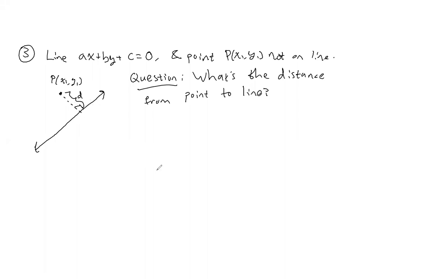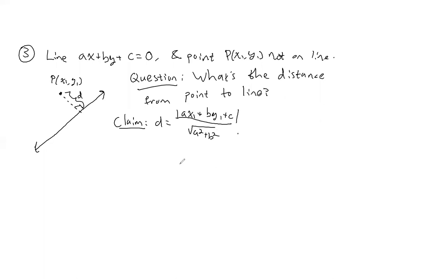Now the claim is that that distance is given by ax1, where x1 is the x-coordinate of this point, plus by1 plus c, where a, b, and c are the coefficients of the line equation, divided by the square root of a squared plus b squared.